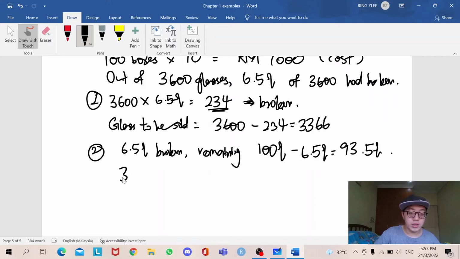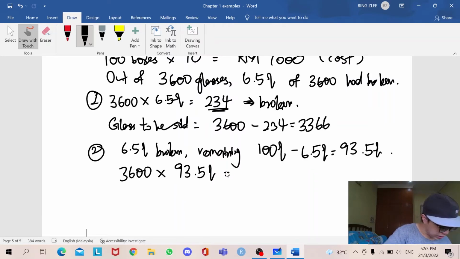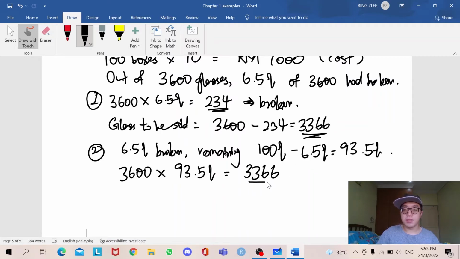So from 3,600, we can multiply 93.5% directly, so that we will get the same answer. Times 93.5%, so we will have 3,366 directly, the same as the one above.